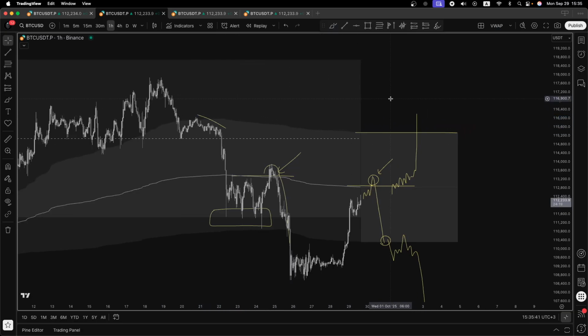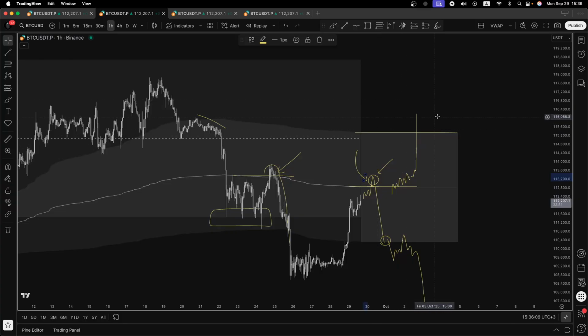So going into the open, we will see the reaction into the new month value, the new month VWAP more specifically, and we'll decide if we're going to be getting shorts into here, because we know that on opens and closes sometimes the market tends to fake out the moves.